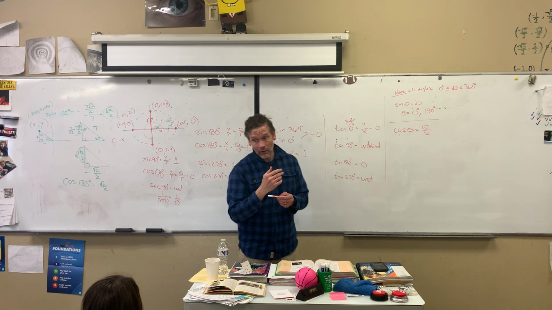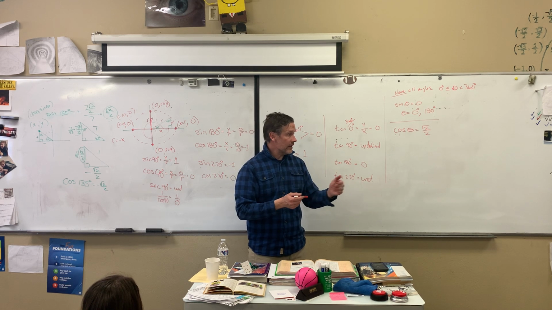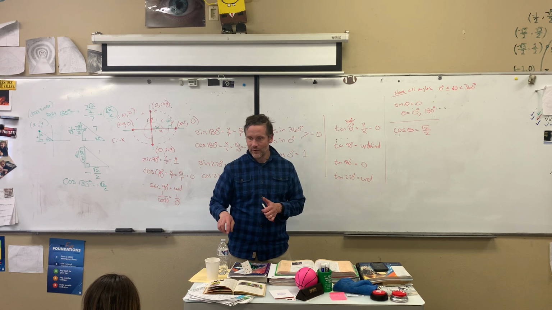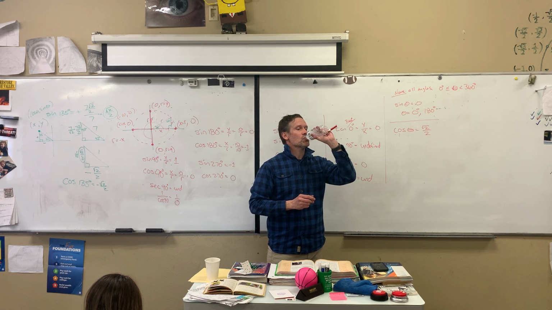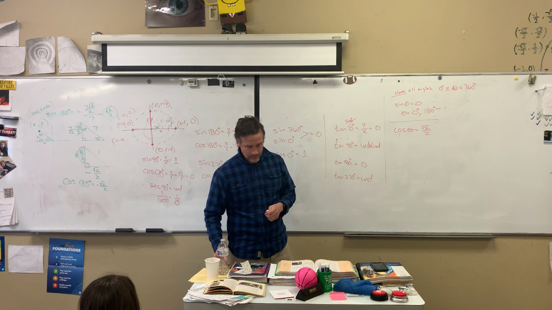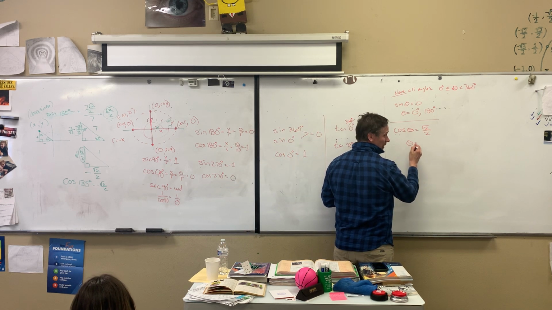So cosine of 45 gives you root 2 over 2. Hit inverse cosine on your calculator of root 2 over 2. What should it give you? It better give you 45. Yep.